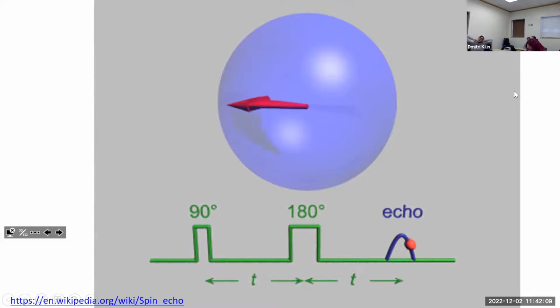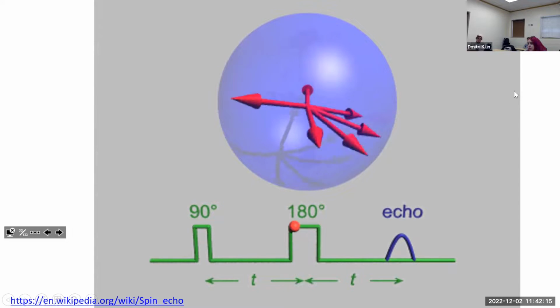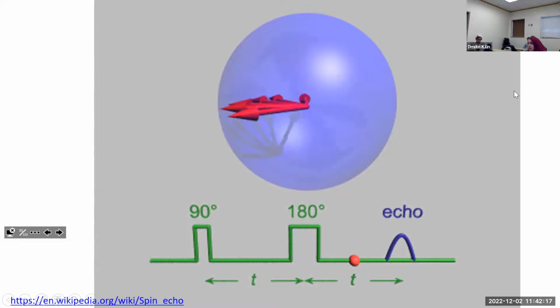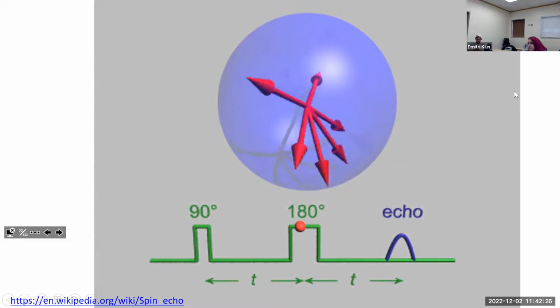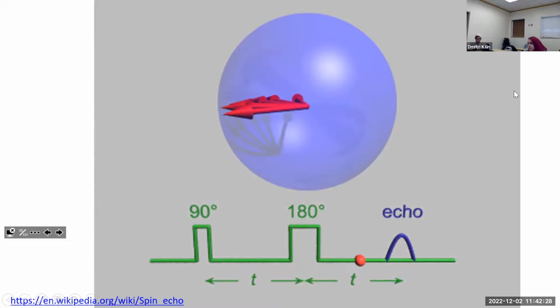So two opposite directions: equatorial travel and north to pole, polar express. Okay? So 90 and 180 degrees are parameters. When this line goes up, it means someone is applying a radio frequency wave. If it is 0, nothing is applied. And here 180, so it goes for a longer duration. And then they come coherently backwards.